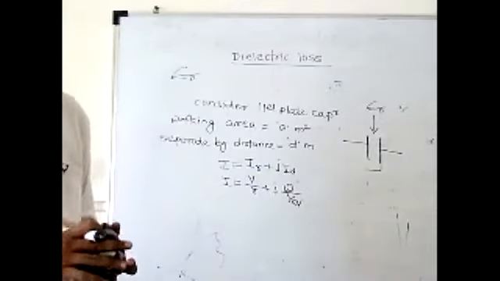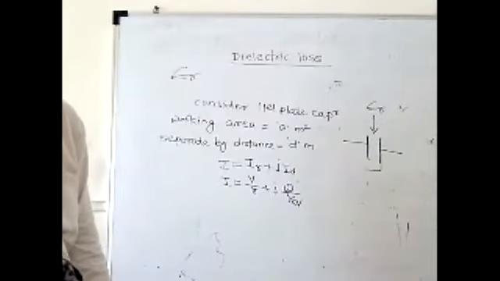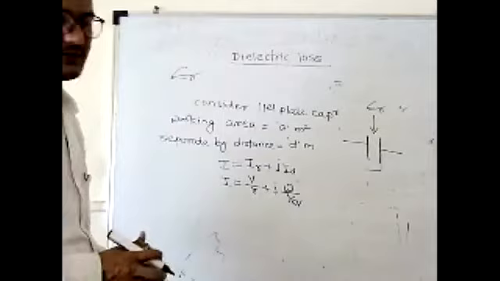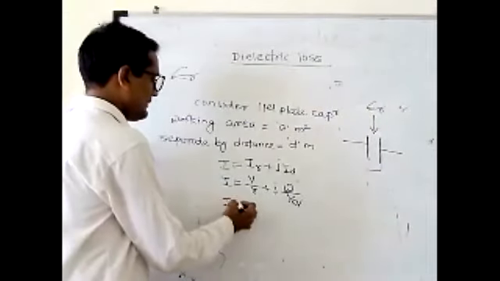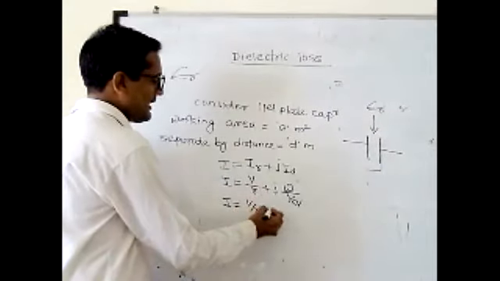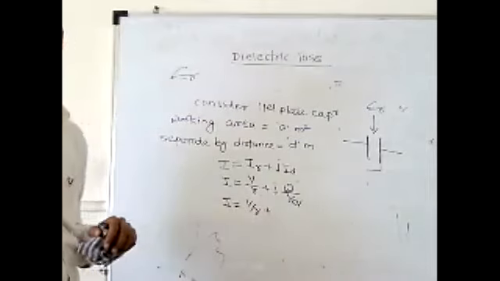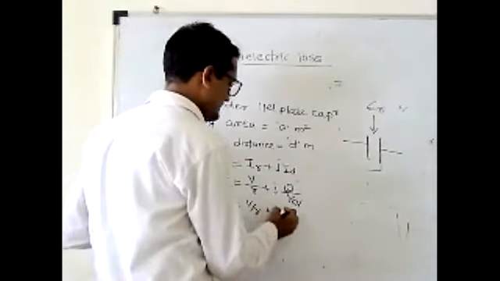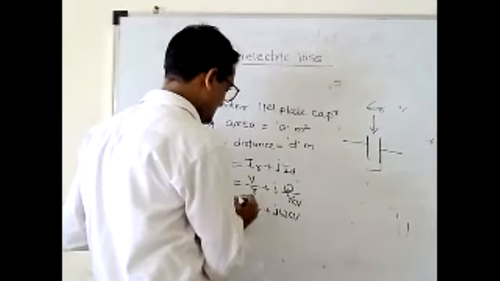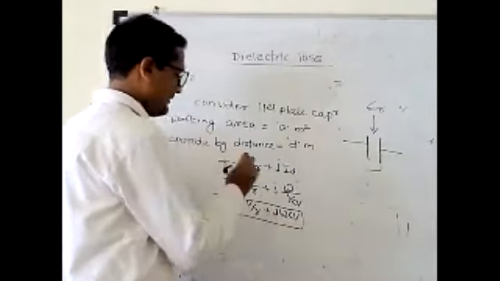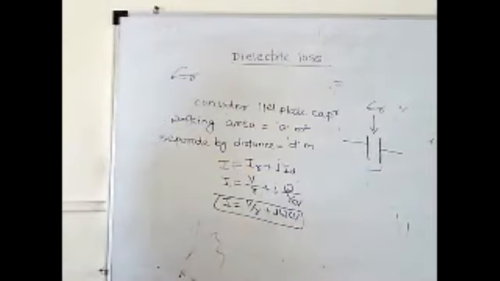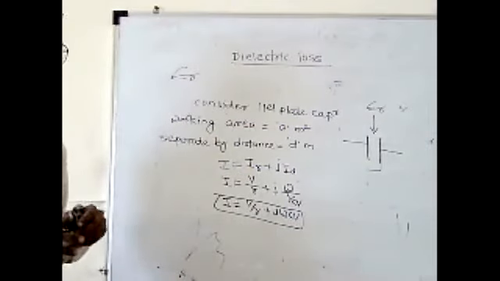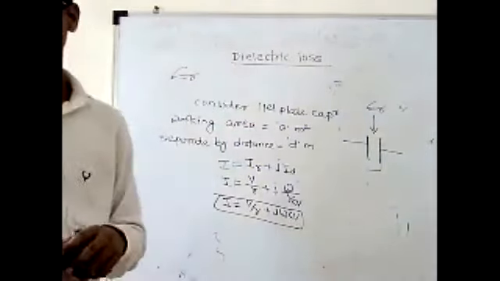Therefore, by simplifying this equation, we get I equals V upon R plus j omega CV.